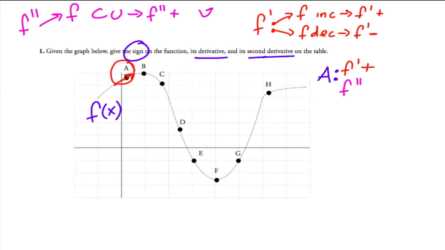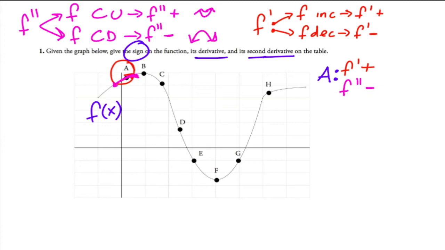So if it looks kind of like that. And if the function is concave down, or in other words looks kind of like a little hat, like that, then the second derivative is going to be negative. So notice here, this guy is looking downward, like this guy, so then the second derivative is going to be negative.